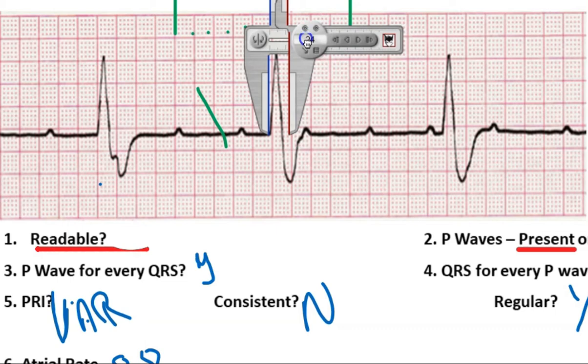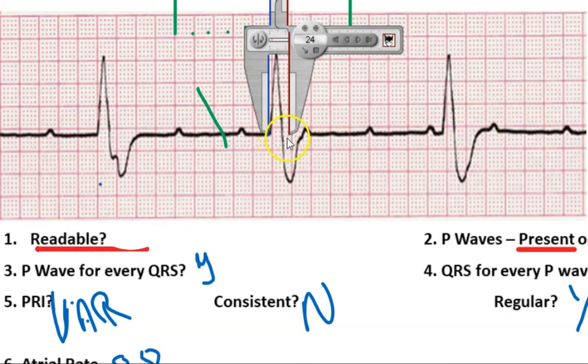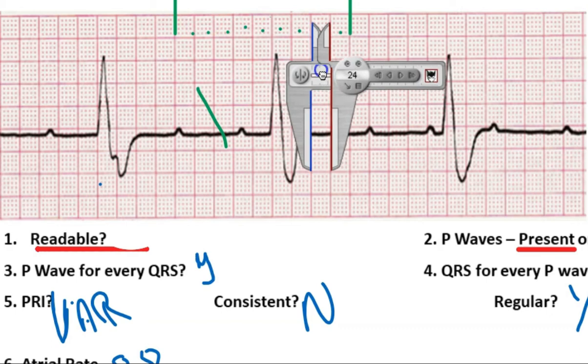From where I am looking, I'm going to bring this straight down and say that it probably ends about right here. So when I do that, I have set my calipers, and now I'm just going to move it into an area in which I can move. And this is 5 small blocks, so my QRS duration here is at 0.20.